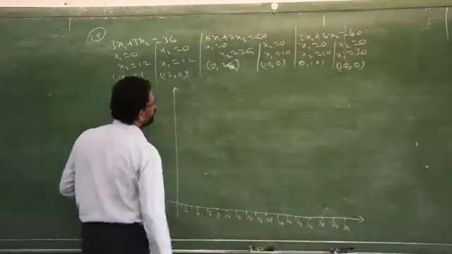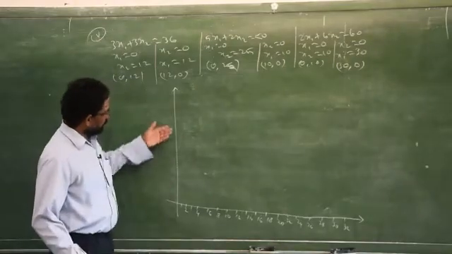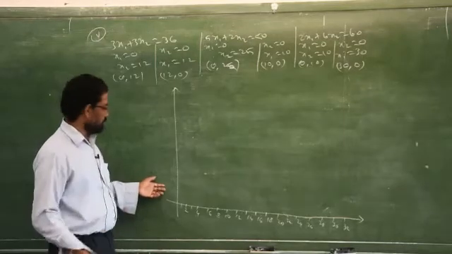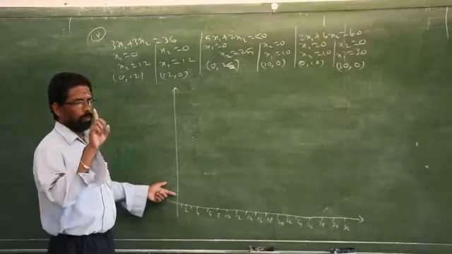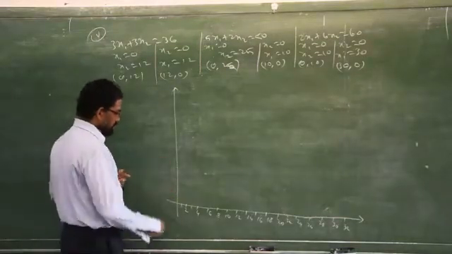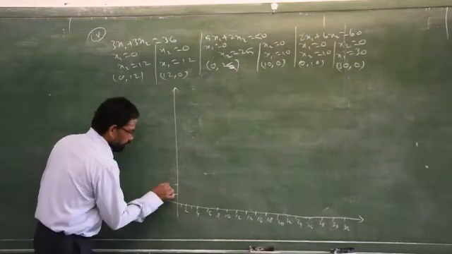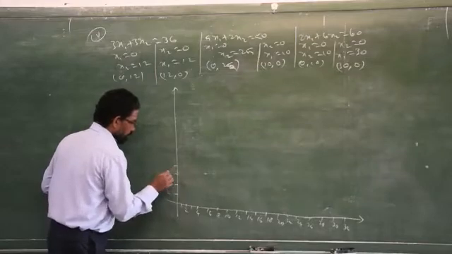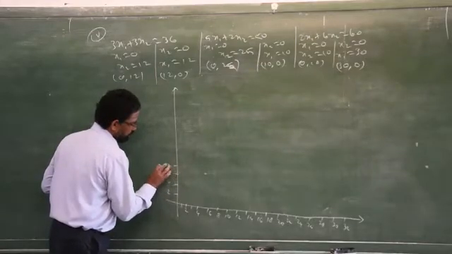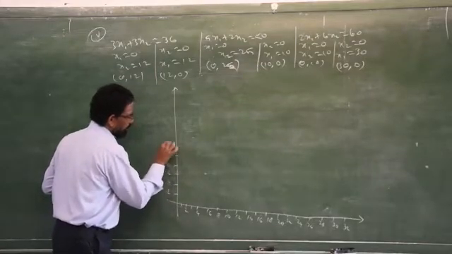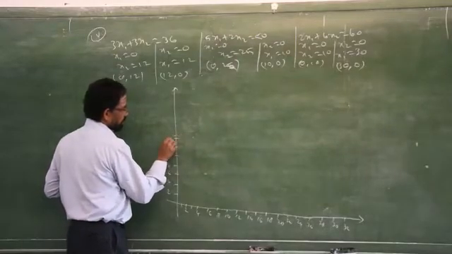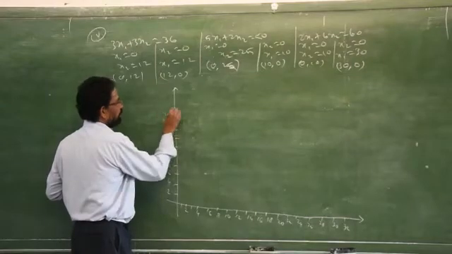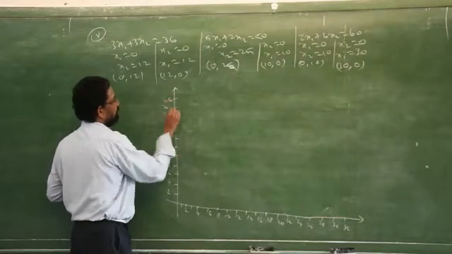In the same way, 25 is needed on the y-axis, but on the board I cannot write up to 25. In your graph sheet, each unit can be 1 centimeter. Here I take 2, but you can take 1, that is easy, or you can take 2 also. 2, 4, 6, 8, 10, 12, 14, 16, 18, 20, 24, 26.